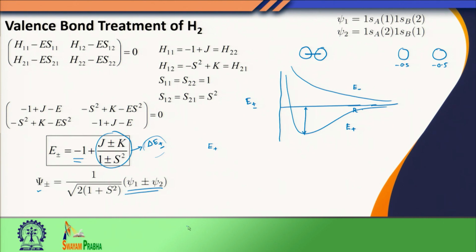The eigenfunction corresponding to E plus is simply psi 1 plus psi 2 multiplied by a normalization constant, and corresponding to E minus, the function is psi 1 minus psi 2. Since we already know what psi 1 and psi 2 are, we also now know the eigenfunctions or the wave functions of this hydrogen molecule.